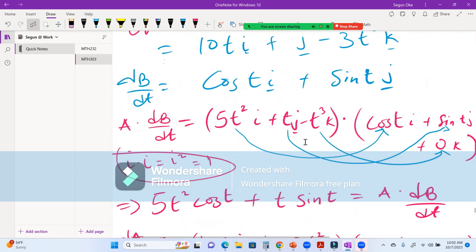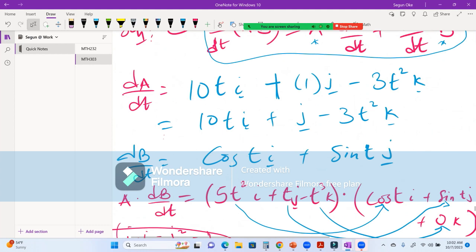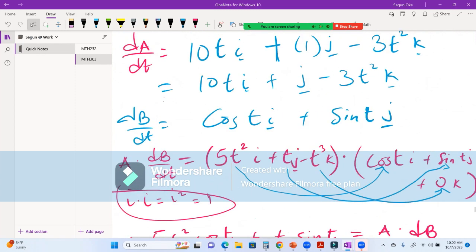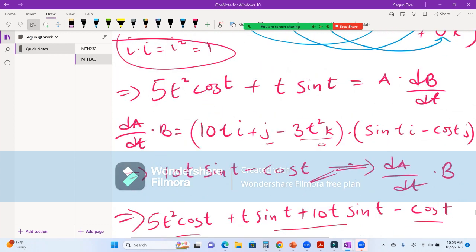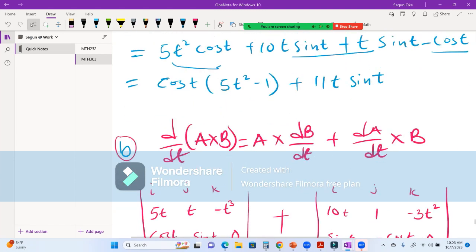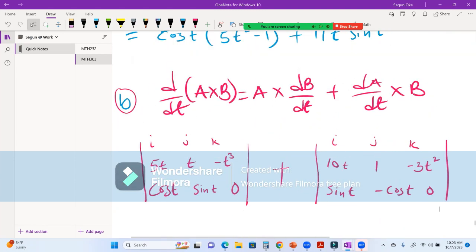Cos t i plus sin t j is here. This is B, not the dB/dt.